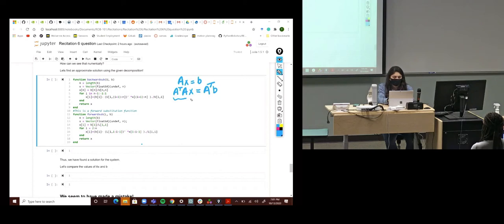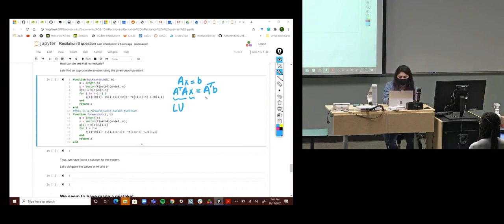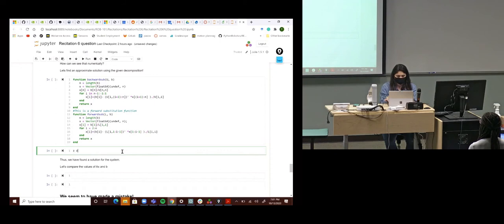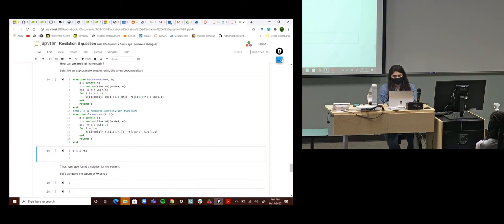And what I will do is I will do an LU decomposition of this, and I'll try to solve for X. The way for us to do that is by defining a new B, let's call it Z. I'm going to define my Z to be A transpose times B. So for my system of equations, it is A transpose A times X equals Z.